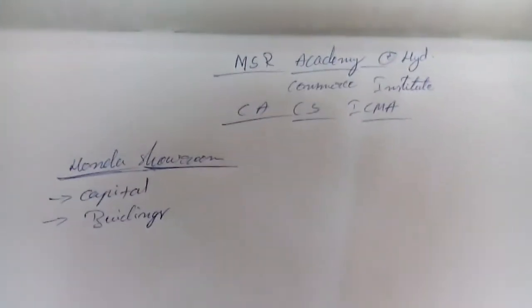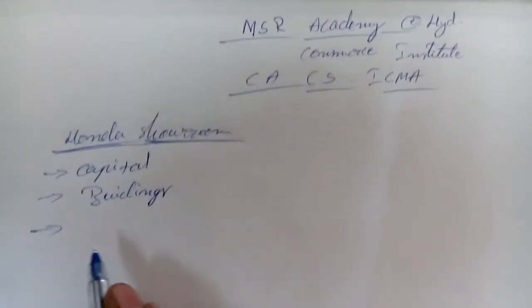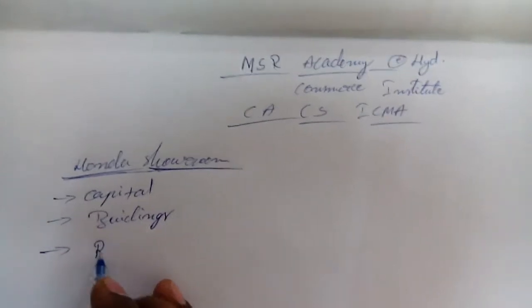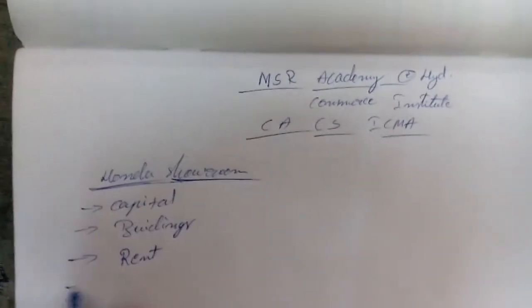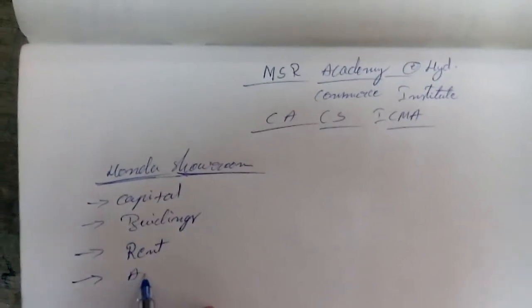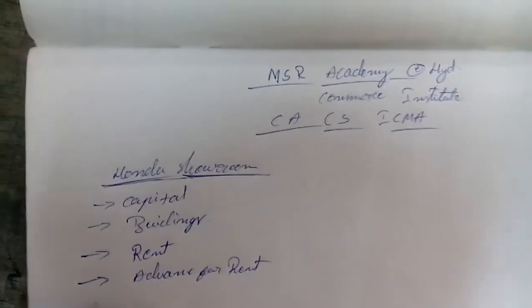First of all, you have to purchase the building, or is it for rent? If it is taken on rent, he has to pay some rent every month, and advance for rent, advance for rent.